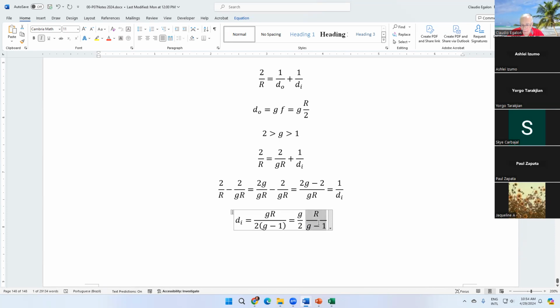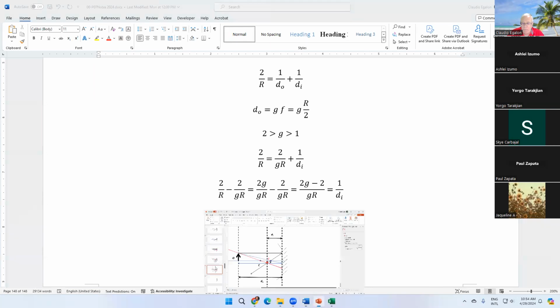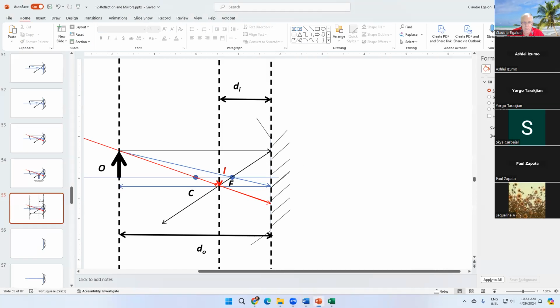Consequently, this ratio here is going to be greater than R. Okay? This term here is going to be anywhere between half and 1. Half and 1. Okay? Consequently, that implies, right, that the image falls between this interval here.